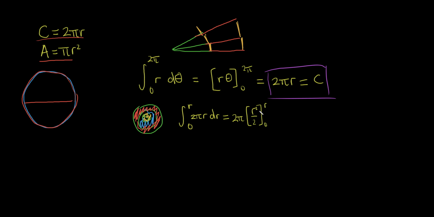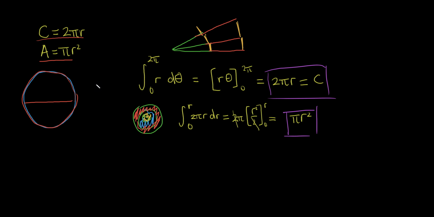And again, the 0 will just make this go to 0. So the only thing we care about is r. And here we find the 2's cancel out, and r plugs into r squared to get pi r squared.